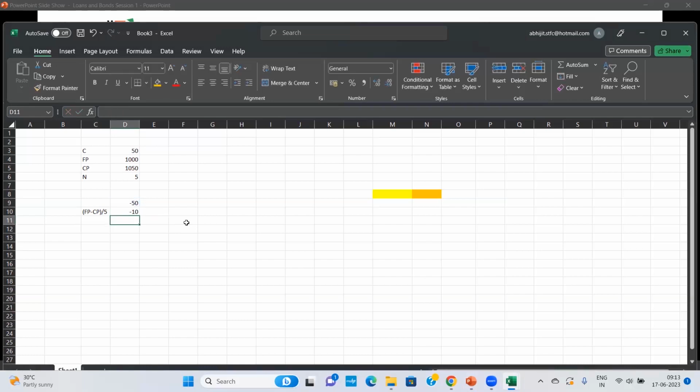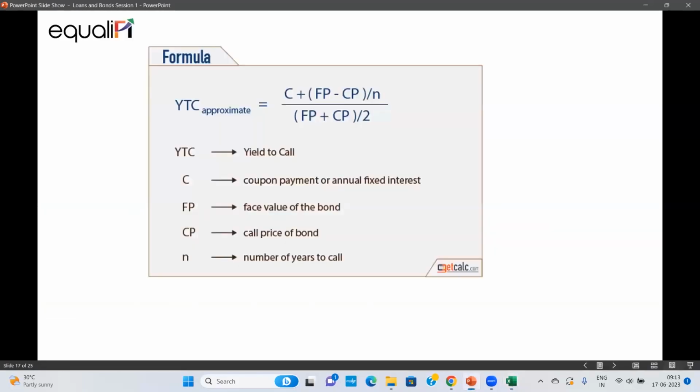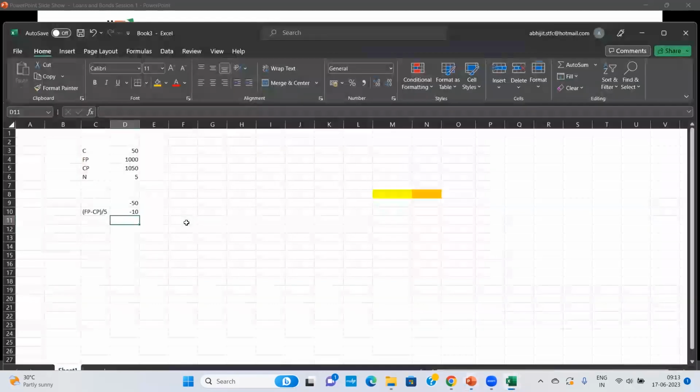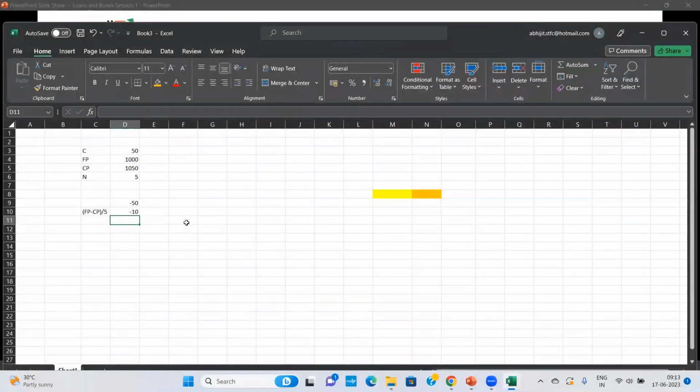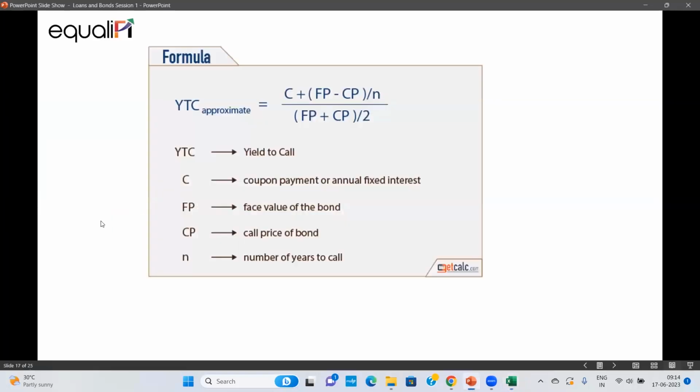Now I have to get the numerator. The numerator is C plus (FP minus CP) by N. C is 50, so 50 plus minus 10 comes to 40. So my numerator is 40.